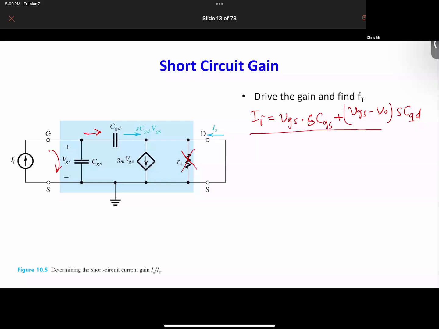So we write this equation like this. We write II, which is the current this way and the current this way.